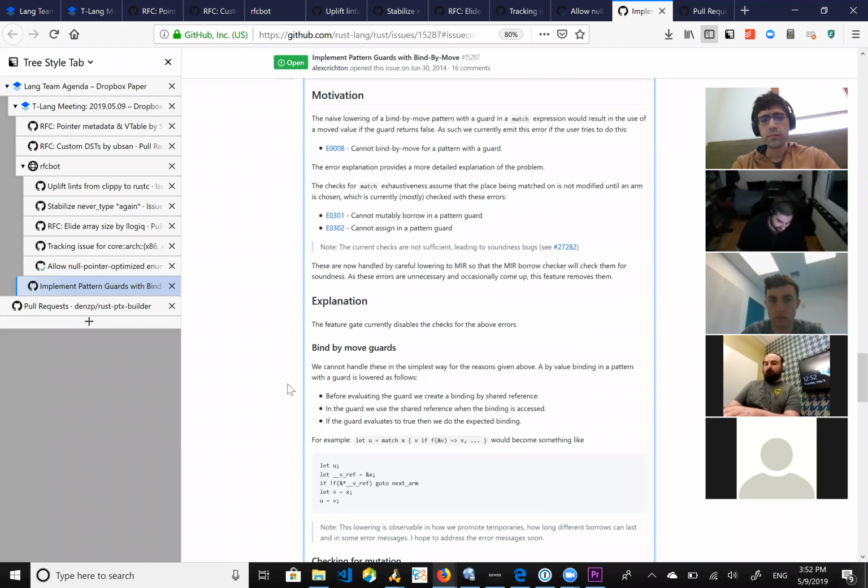And it's possible that we can implement this. So one solution is that we treat errors that aren't being emitted anymore as AC project errors in migrate mode, so that we can implement this unstable without soundness holes. I think that's a reasonable solution.